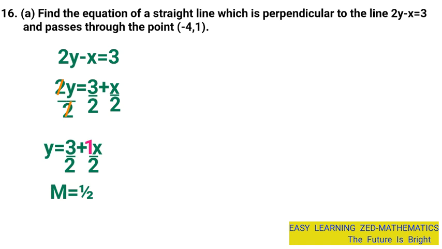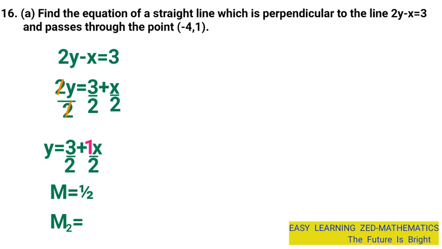So for me to find the gradient of the second equation, I'm going to find the inverse of 1 over 2. The inverse of 1 over 2 is 2 over 1. I'm going to write m is equal to, and now this gradient is going to be in negative form, so I'm going to have -2.